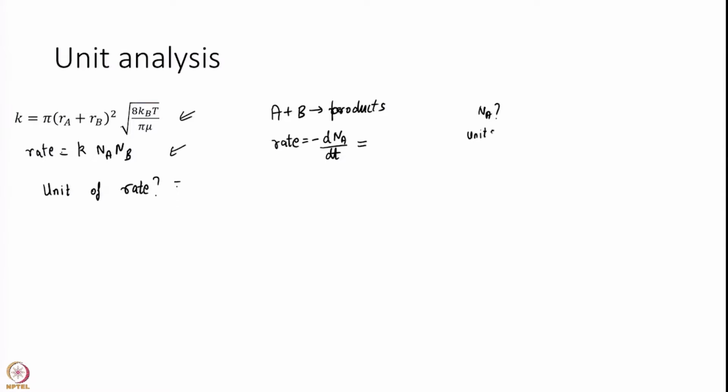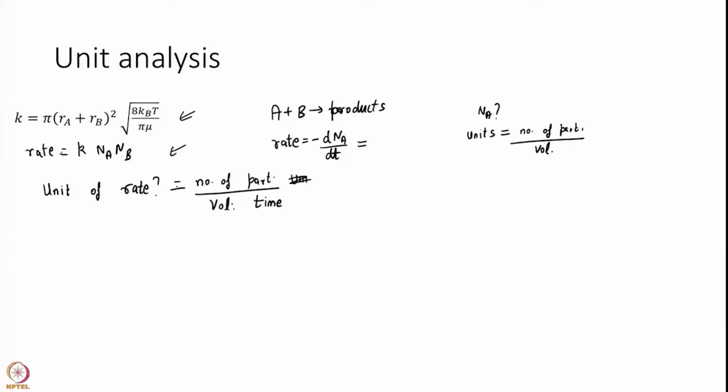It is nothing but the number of particles divided by volume. So, the unit of rate, dNa over dt, is number of particles divided by volume into time, time comes from dt. So, Na is number of particles by volume and t is time.